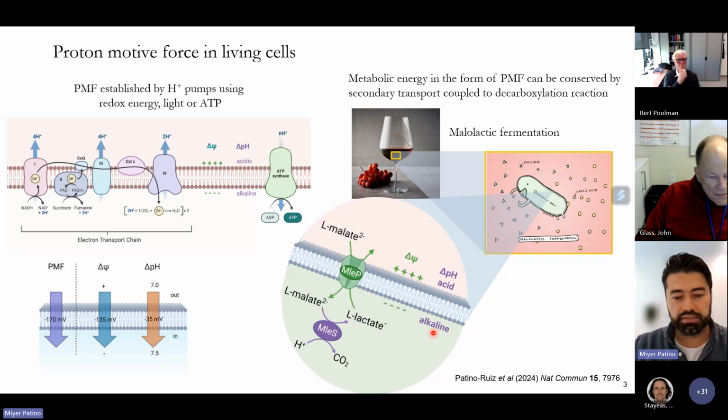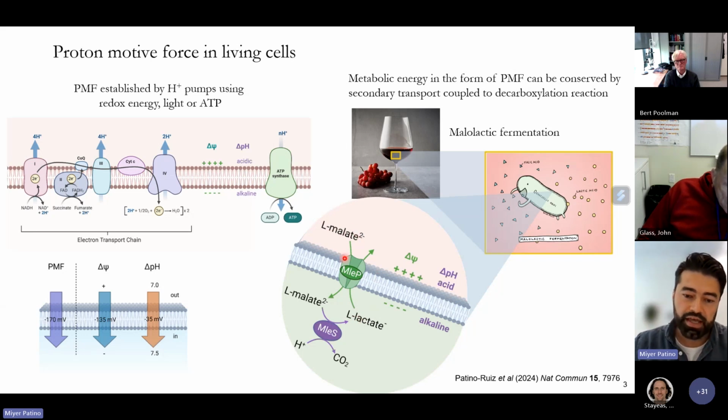A second component, a secondary membrane transporter, exchanges the lactate, the product of the decarboxylation, for external malate. In that way, it keeps feeding the decarboxylase with the substrate and at the same time removes the product. Because of the difference in charge between malate and lactate, a membrane potential, negative inside, is formed. Together, these two potentials form our proton-motive force in two different steps, but in a coupled manner.